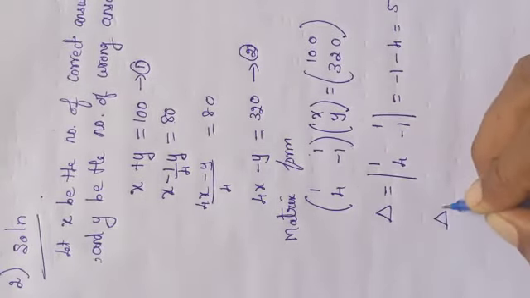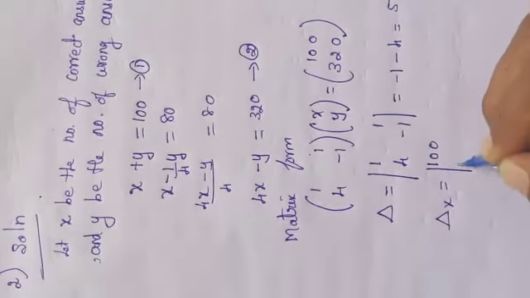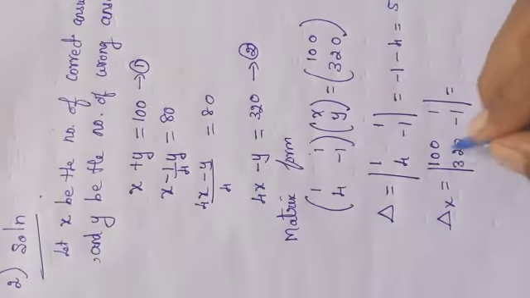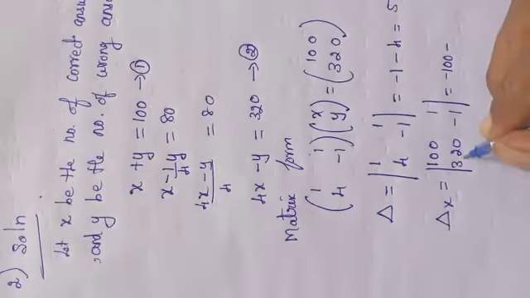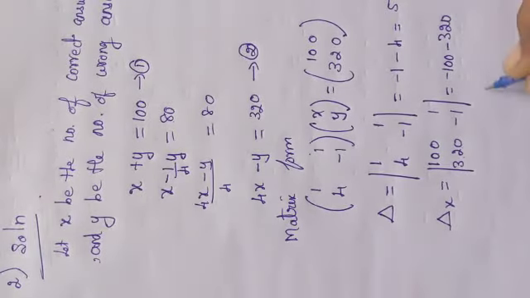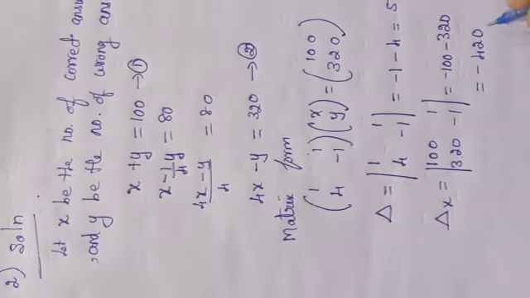Then delta x. In place of the x column we have to substitute the constants 100, 320, with 1, minus 1. So 100 into minus 1 minus 320 into 1, which is equal to minus 420.